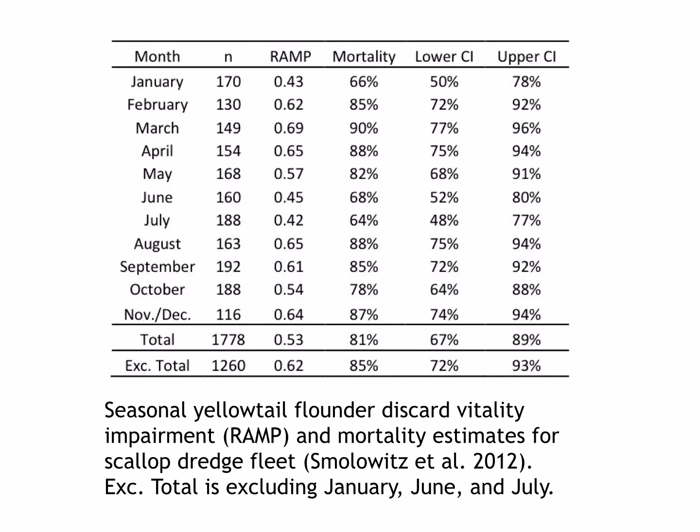The table shows an example of seasonal effects on yellowtail flounder discard vitality impairment and mortality estimates for the scallop dredge fleet. You can see a clear seasonal effect on RAMP scores and mortality scores with their lower and upper confidence intervals. This data has been used in stock assessments.